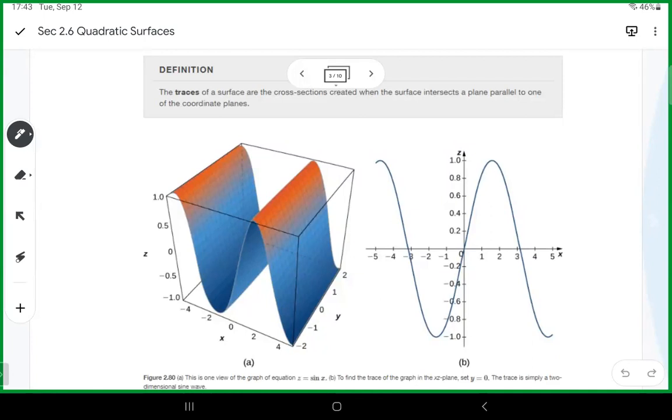The trace is simply a two-dimensional sine wave. Okay, so here you can notice that we have x and z, not x and y, because y was set to 0.